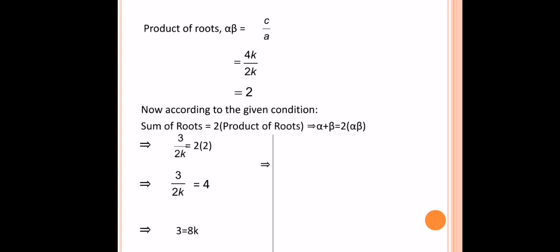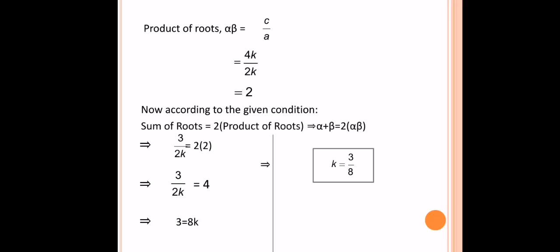Multiplying 2k on both sides, we get 3 is equal to 8k. Then for finding the value of k, we divide 8 on both sides to get k is equal to 3 by 8. So k is equal to 3 by 8 is the resultant value which we wanted to find out.